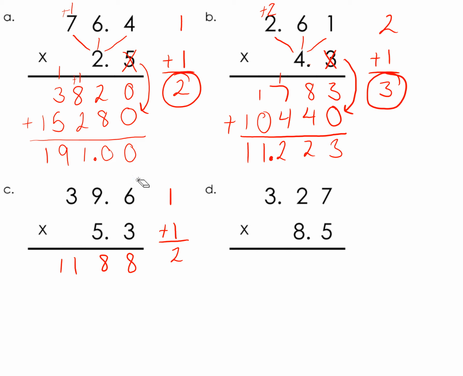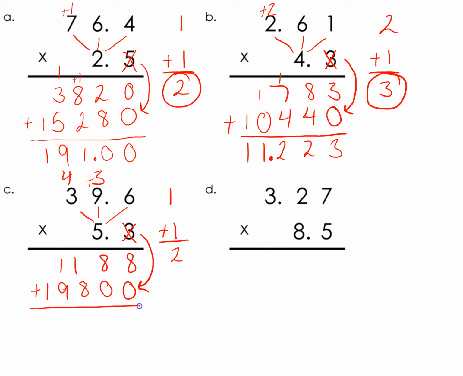Okay, done with the 3, kiss it goodbye, and then I need my 0 placeholder. Then I multiply the 5 times each number. 5 times 6 is 30. 5 times 9 is 45, plus the 3 is 48. 5 times 3 is 15, plus the 4 is 19.